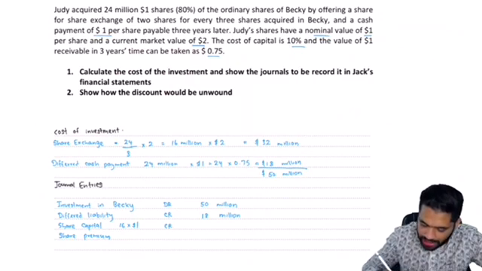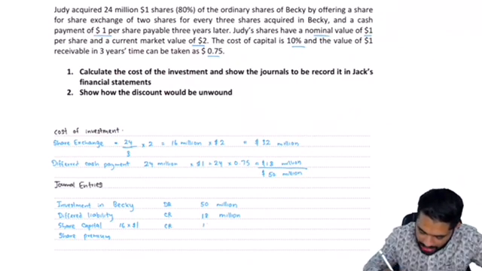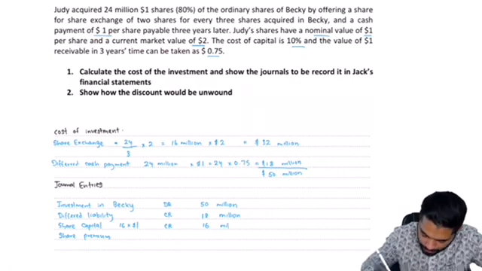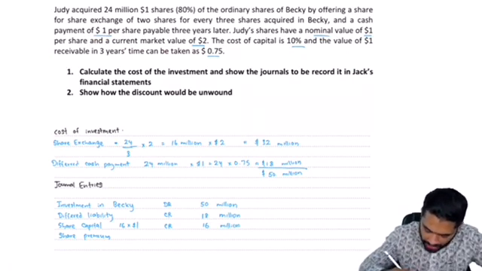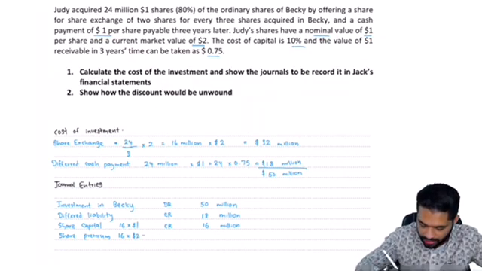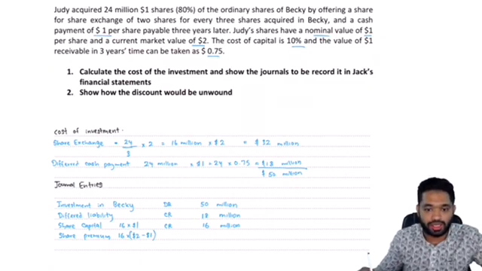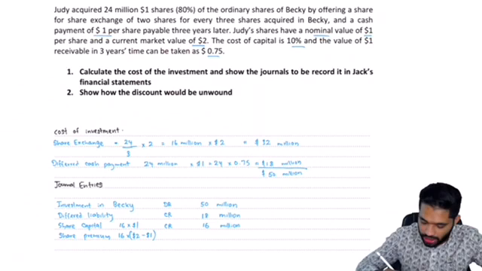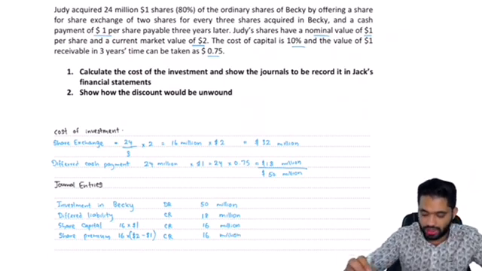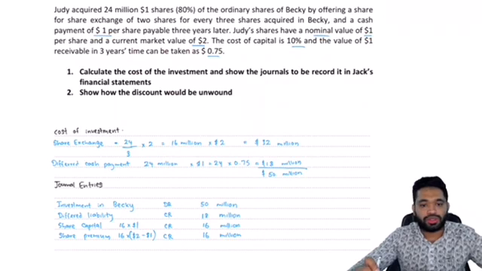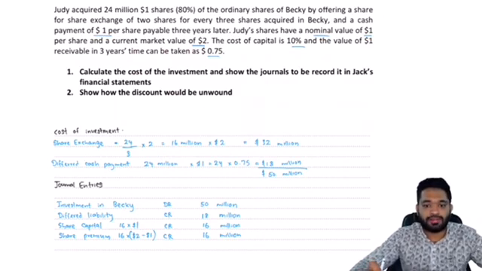The share capital will get credited by 16 million. And the premium per share again for 16 million shares. The market value was $2. The nominal value was $1. So the premium per share is going to be $1. So 16 into $1, your share premium will also get credited by 16 million, right? So those are the journal entries to record the investment in Becky.